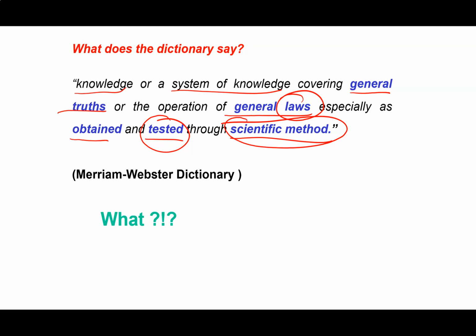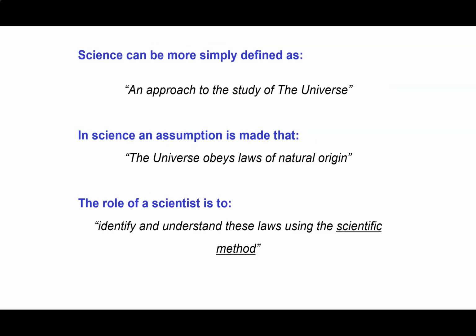So it needs a little bit of unpacking. So let's take it a little slower, and this is my version of trying to figure out what this sentence means. So I'm going to say that science is an approach to the study of the universe, right? It's one way of studying the universe.